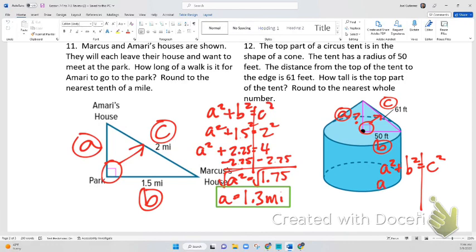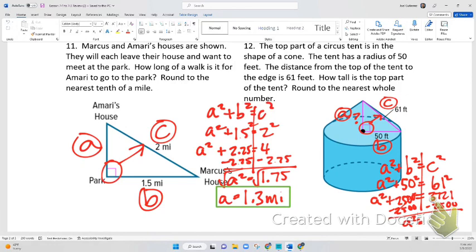The A is what we're trying to find, so just rewrite that. The B is 50, so I need to do 50 times 50. And then the C is 61, so I need to do 61 squared. So over here on the left, this gives me 2,500. And then 61 times 61 gives us 3,721. I subtract 2,500 from both sides.